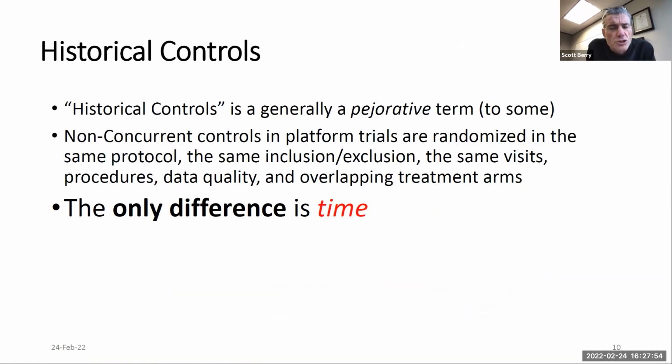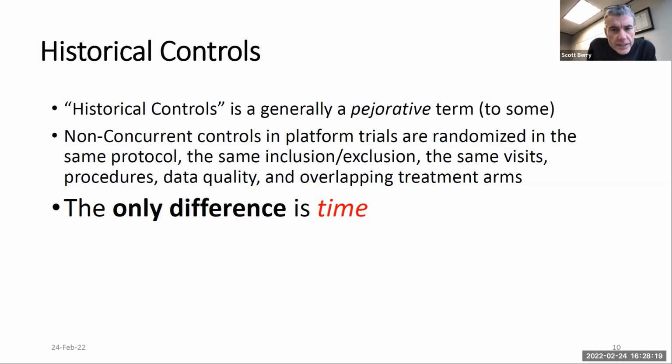There's a sort of pejorative thing. Calling something historical is pejorative to many people. These are very different, as Martin pointed out. They're enrolled in the same platform trial. I'm talking about, in this example, non-concurrent controls that would be eligible for the particular arm. So we know the inclusion-exclusion criteria.